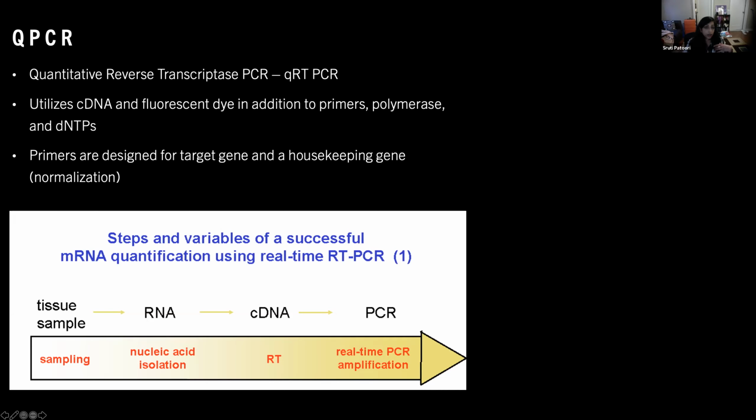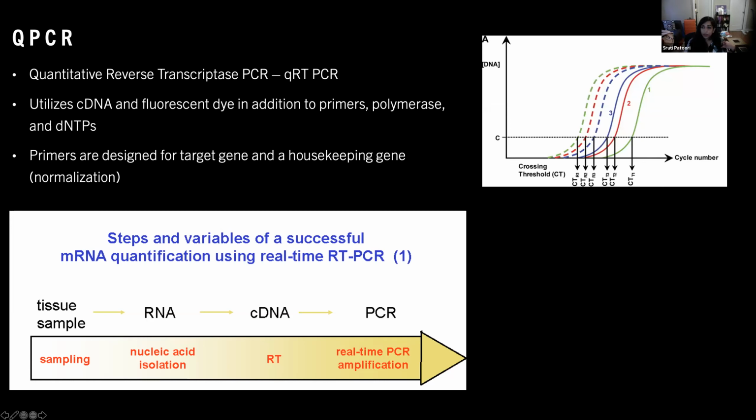And in addition to that, you're going to use a fluorescent dye. And that's what's going to give you your quantitative output from this PCR. And the way you design your primers, you're going to make a set of primers for your target gene. And you're also going to make a set of primers for a housekeeping gene that is ubiquitously expressed in every single thing.